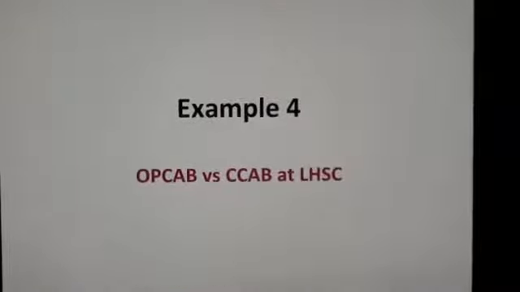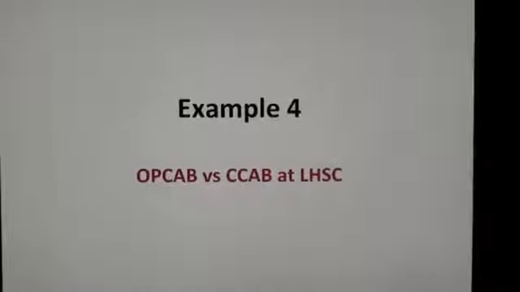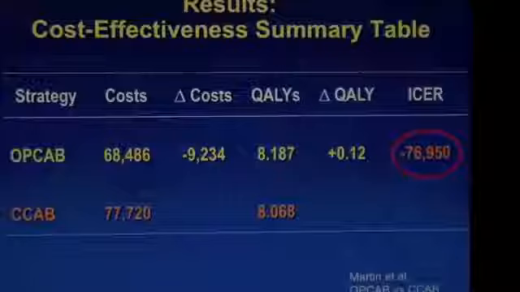Example 4. Here's one from our own hospital where we looked at off-pump coronary artery bypass versus conventional coronary artery bypass. So off-pump is doing surgery without the bypass pump, and conventional is doing it on the typical bypass pump for open heart surgery.